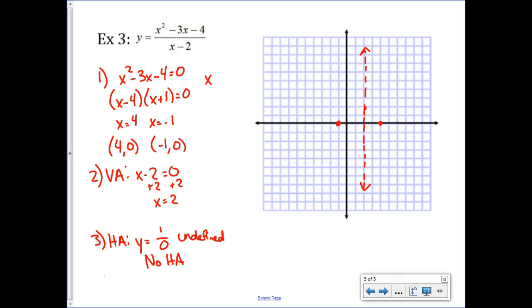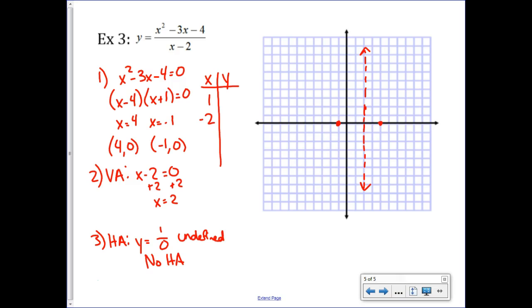So then let's go ahead and pick out a few more points to help us see what this graph looks like. So to the left of 2, let's see. I'm going to try to pick something that'll come out at least a little nice. Let's go with 1, and then let's go with a -2. Will come out a little nicer.